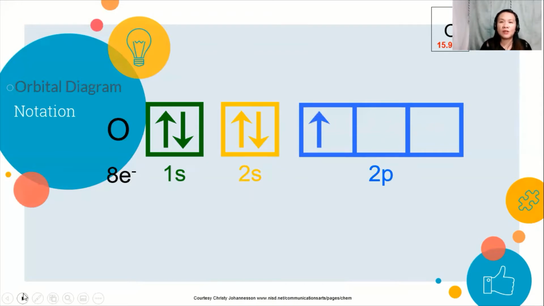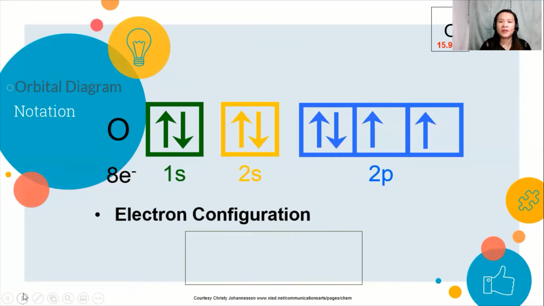We put the electrons, 1 electron per orbital first before we pair them. So the electron configuration for oxygen is 1s2, 2s2, and 2p4. If you count the electrons for p, that will be 1, 2, 3, and 4.